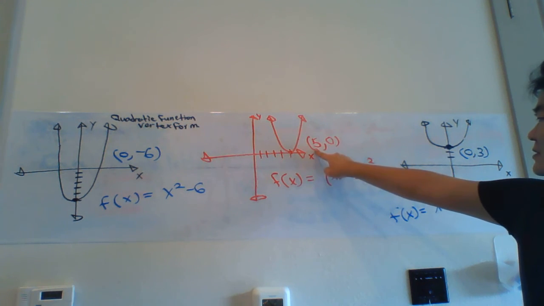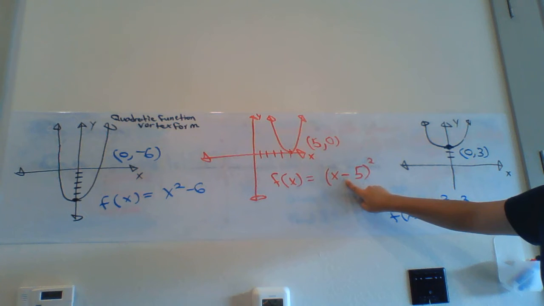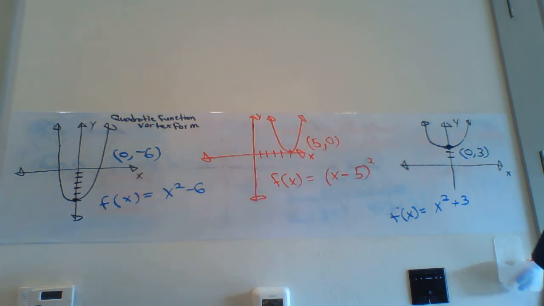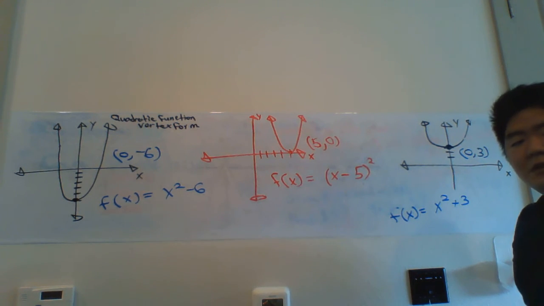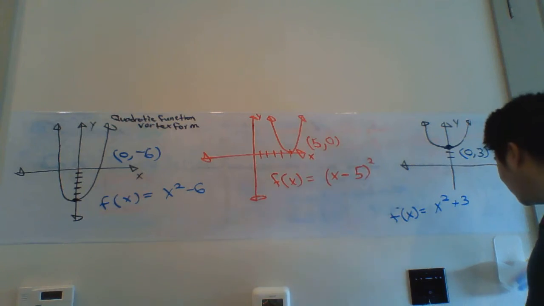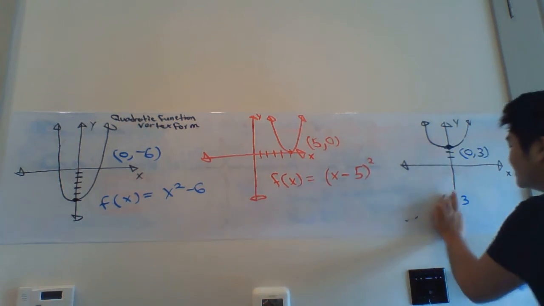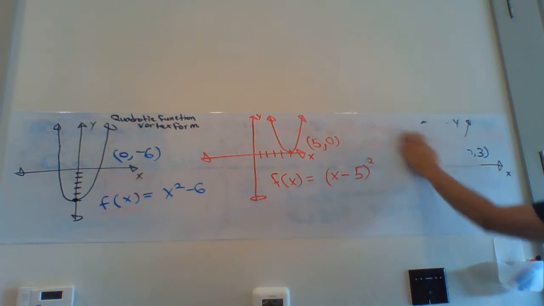So if it's a positive 5, it has to be a minus 5. So x minus 5 quantity squared. And that's it. That is my function. Okay, and we'll go over another one of those, just so you guys can have some practice.